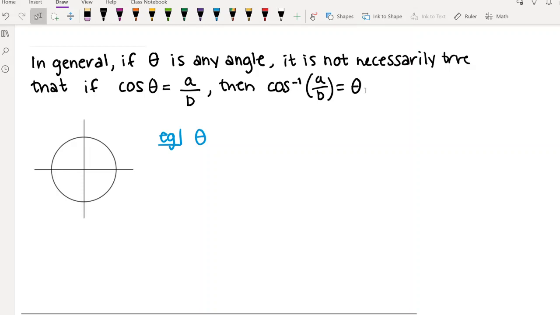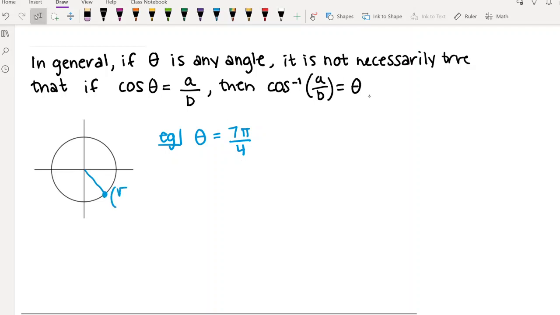Let's say your angle was 7 pi over 4. So where is that angle? I think the easiest way to think about it is that it's very close to being 2 pi, right? Because 2 pi would be 8 pi over 4, and this is 7 pi over 4. So it's pi over 4 away from 2 pi, which means it's here.